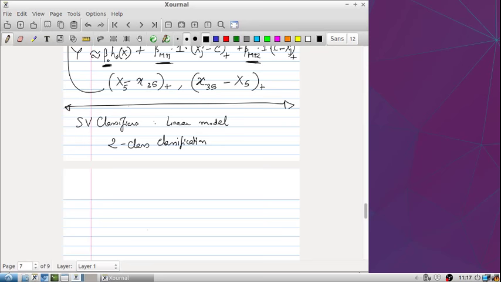If the classifier is a linear classifier, as typically that name is given to those classifiers which give a linear decision boundary. So you'll see that the support vector classifier is going to be a linear classifier. The decision boundary is going to be linear.